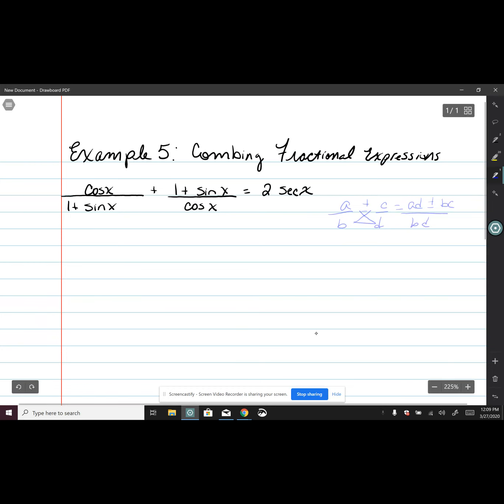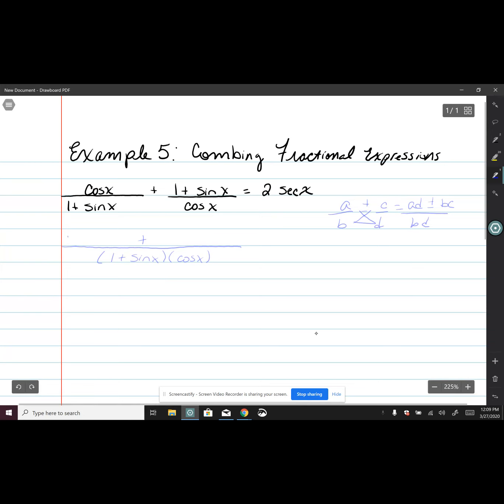So let's begin. Let's start having some math fun here. We're going to multiply this straight across. So we have (1 plus sine x) times cosine x. Keep that sign that's in the middle. Multiply up.